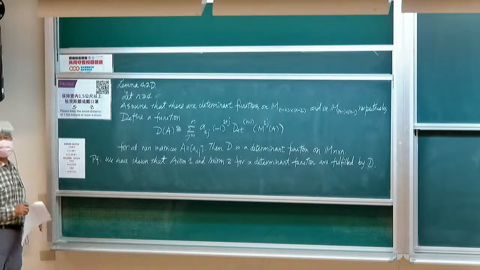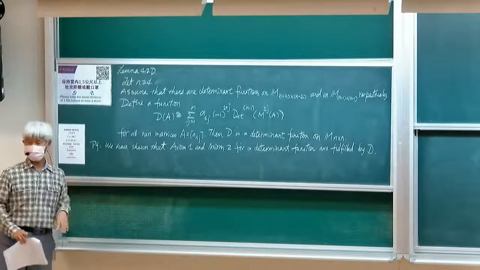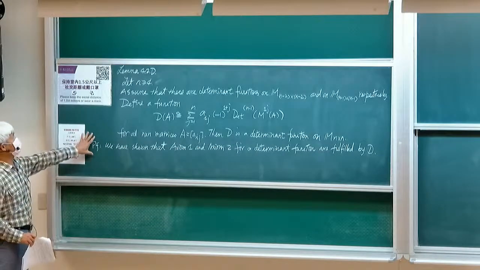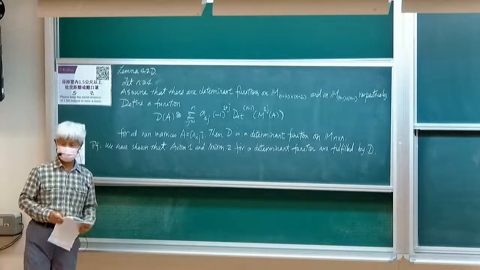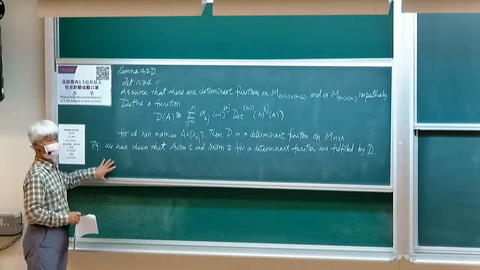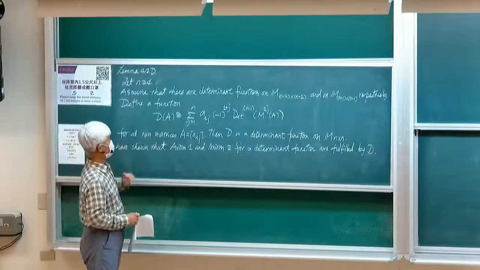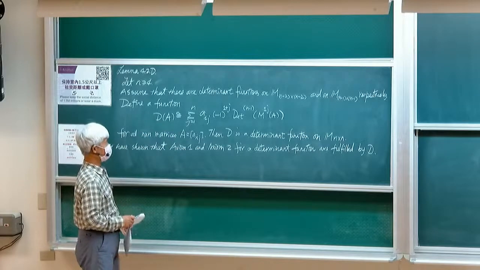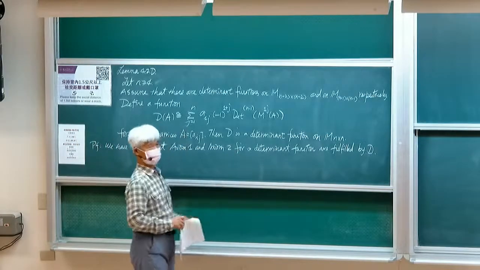Okay. So I'll start today's lecture. Right. So here is the theorem we want to show since last Wednesday. And the progress is that we have shown that this function d fulfills axiom 1 and axiom 2 for a determinant function.